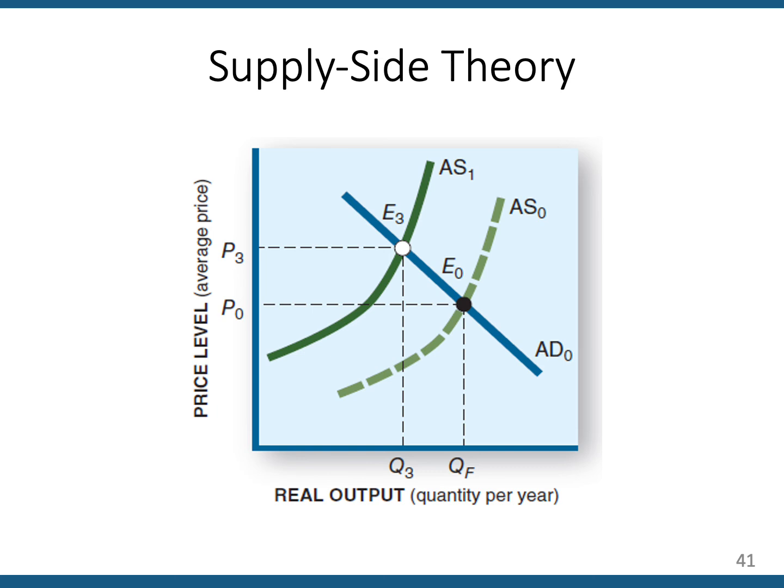The only way to fix this problem is to act on the aggregate supply curve. And again, one of the ways to do this might be to do something to lower producers' costs, either lowering taxes on producers or building in some sort of tax incentive, or maybe funding them in some way, subsidizing them, the government subsidizing them. These would be fiscal policies that would attempt to shift that aggregate supply curve back to the right.